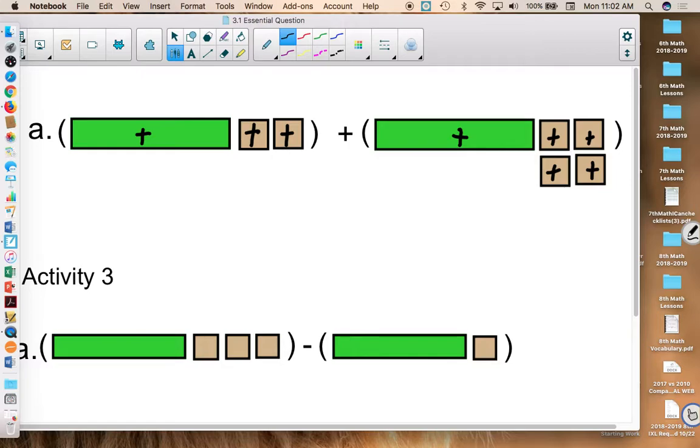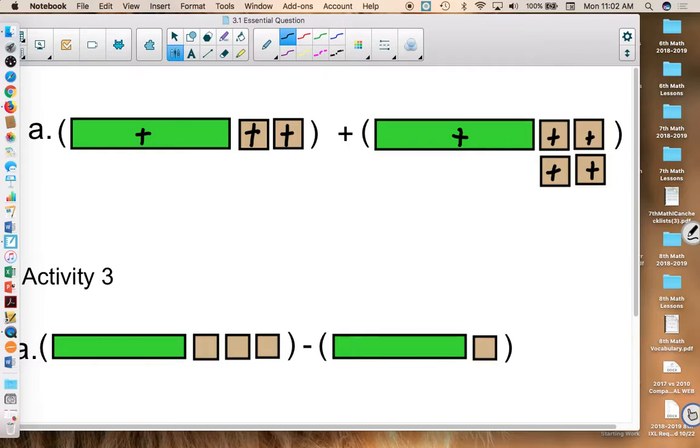Now, what it wants you to do is add these together. So I want you to build these. This is where the manipulatives come in extremely handy. Build this for me. So you should have a green rectangle with 2 positive squares, and then another green rectangle with 4 positive squares.